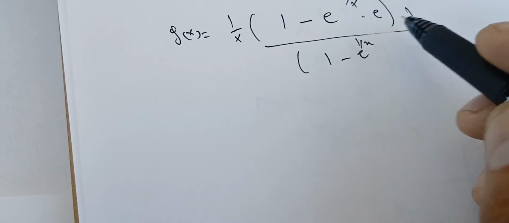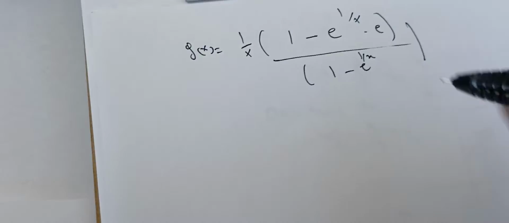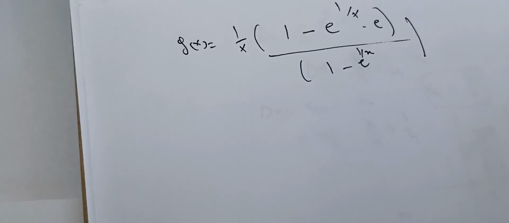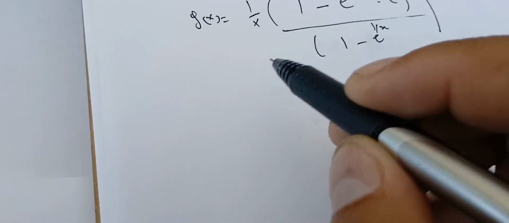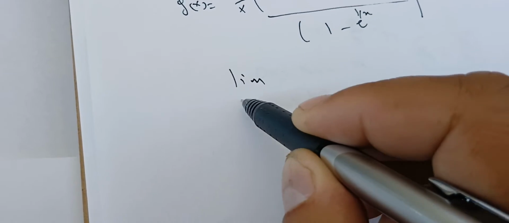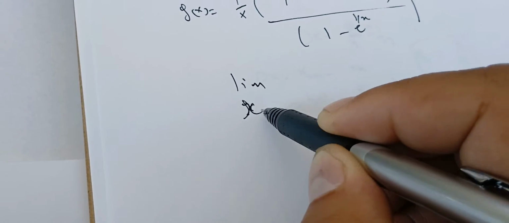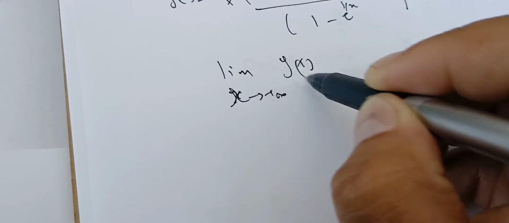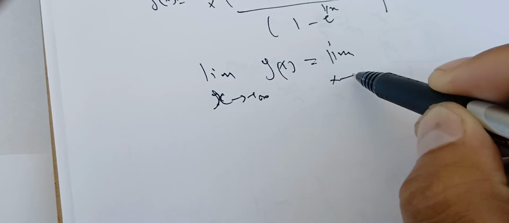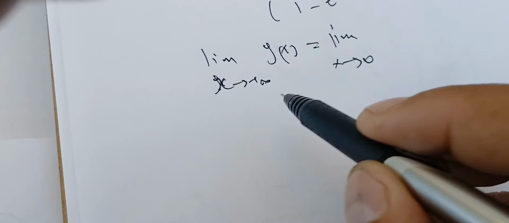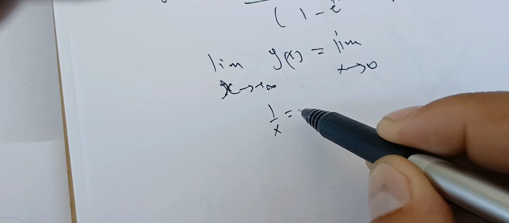And I defined a function because the limit of this function is the same thing as the limit of the sequence. But here, I want to find the limit as x goes to infinity of g of x. It's the same thing as the limit as x goes to 0 when I switch the variable.